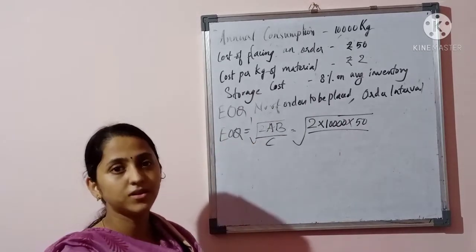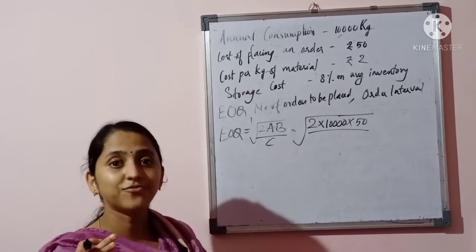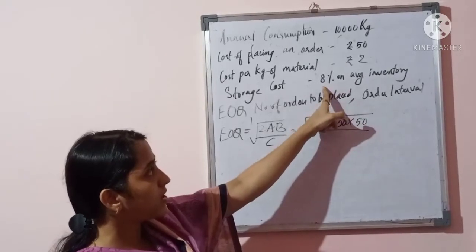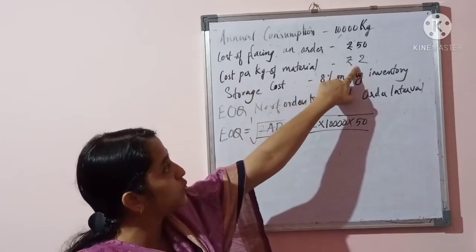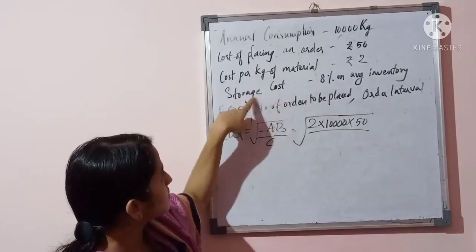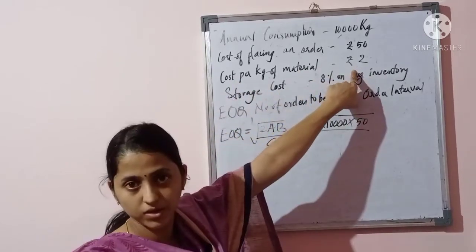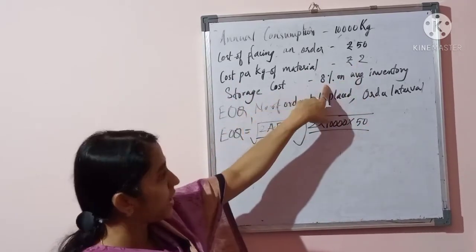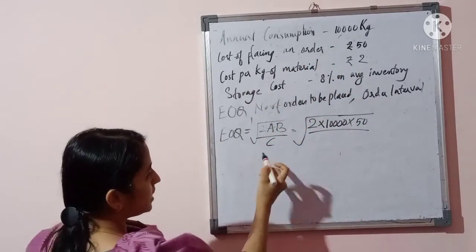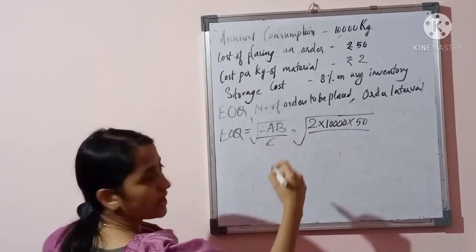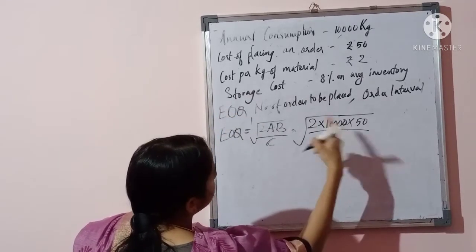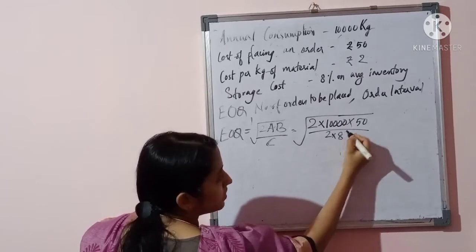We have already noted that if carrying cost is given as a percentage of material cost, then we have to multiply. The cost of material per unit is 2, and storage cost is 8% on average stock. So we calculate C by multiplying the percentage, that is 2 into 8 by 100.